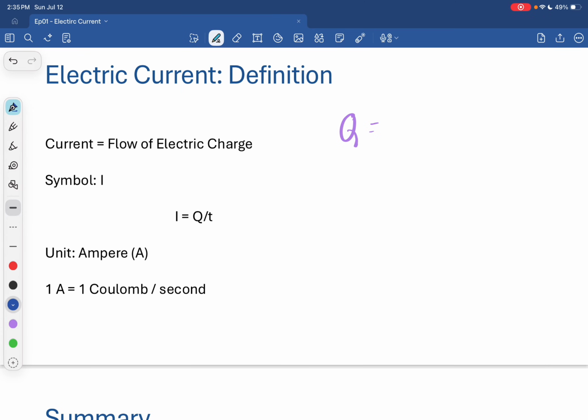imagine you have a water tank right here, and you have 10 liters of water. When you measure the water, how do you measure it? Do you measure 1 molecule, 2 molecules, 3 molecules? No, right?